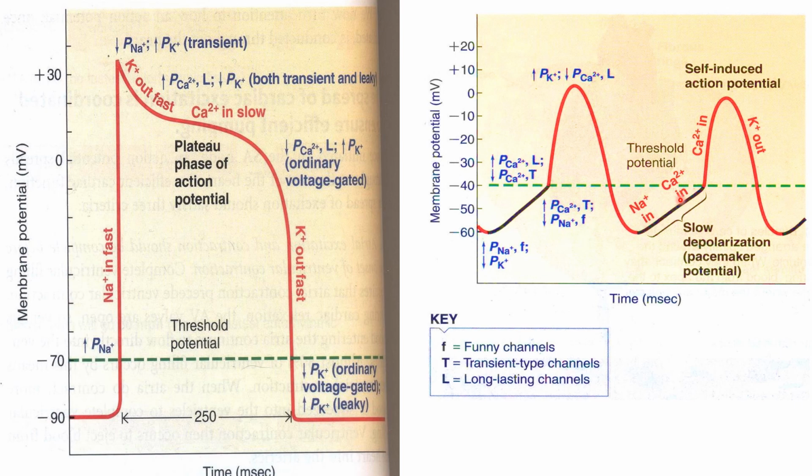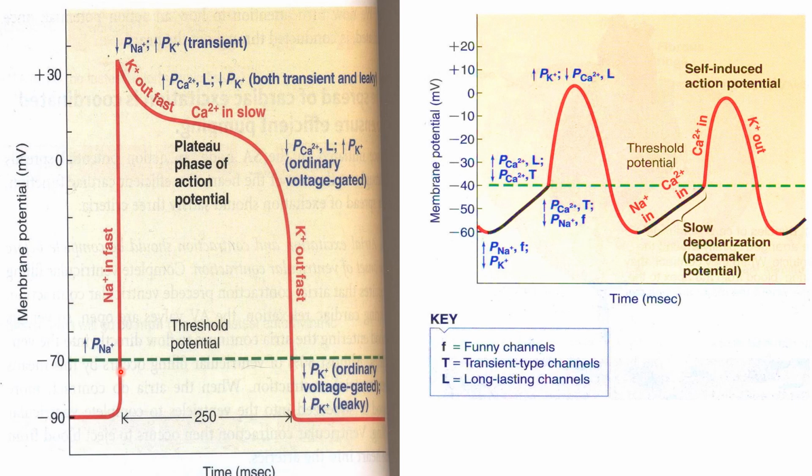This is phase 4 of the nodal action potential, and it is usually absent in the ventricular action potential. This is the pre-potential giving pacemaker property to the SA node and the AV node, and it is usually absent in the ventricular action potential.